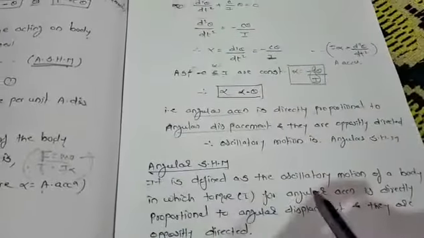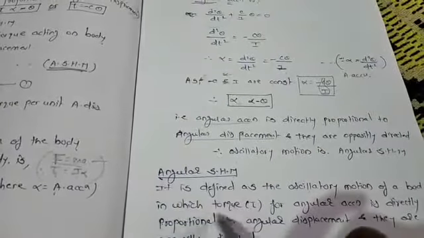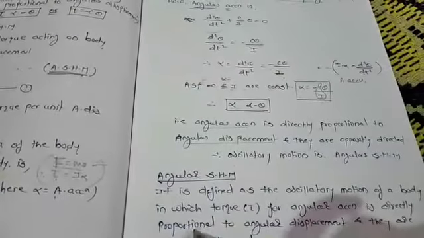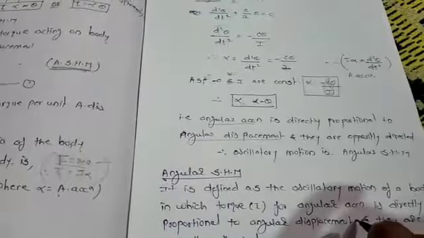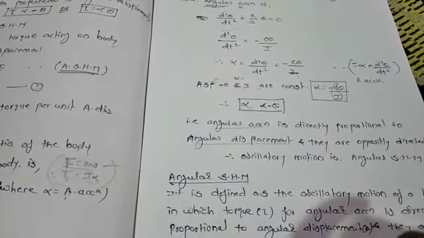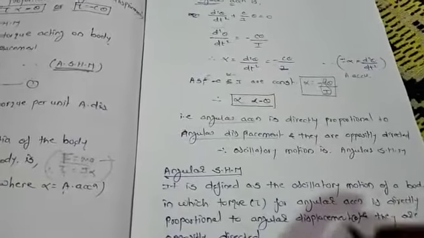The angular SHM can be defined as an oscillatory motion of a body in which the torque tau for the angular acceleration is directly proportional to the angular displacement theta, and they are oppositely directed.